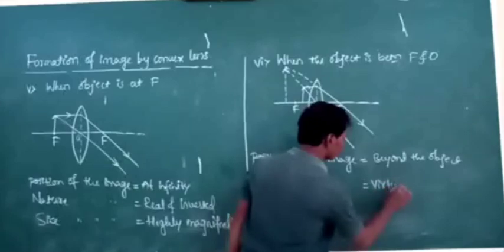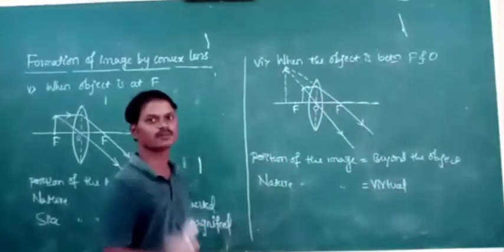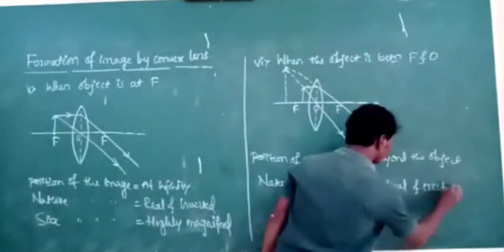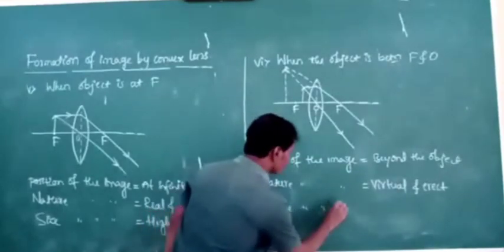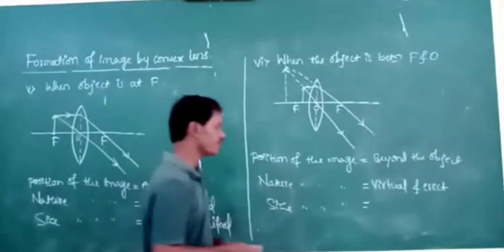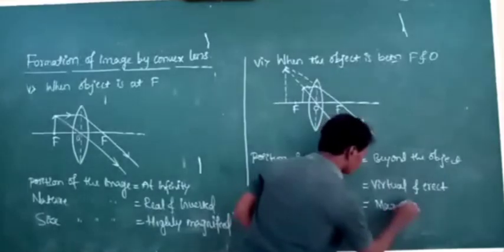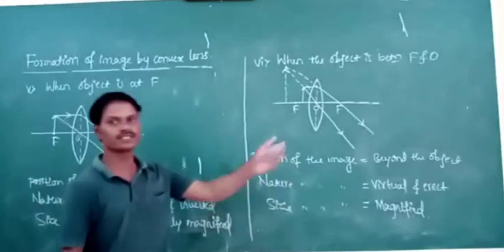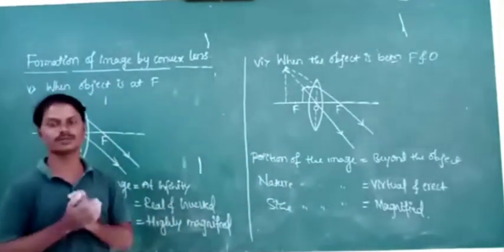Why is it called erect here? If the object is upside, and its image is also upside, then the image is said to be erect. Virtual and erect. And last one, size. The size of the image is greater than the size of the object. That is why it is said to be magnified. This principle is used in the simple microscope. We will study this once again in the simple microscope concept.